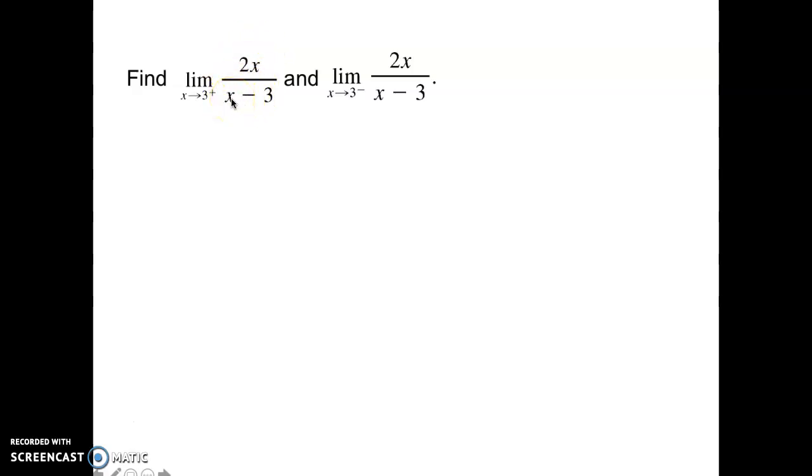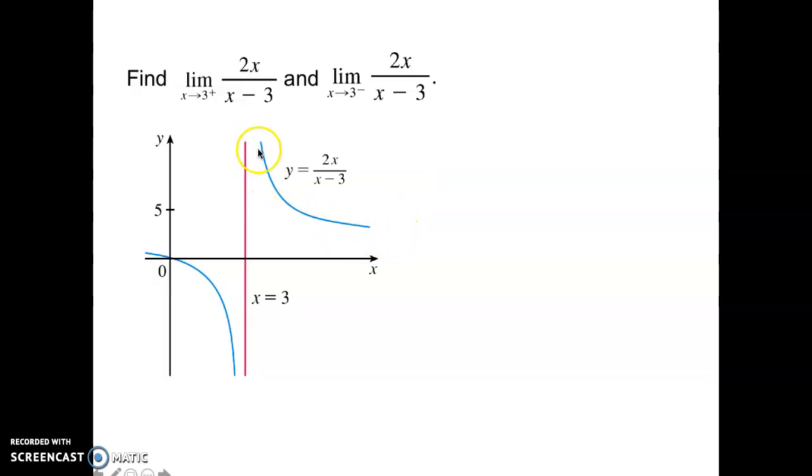If I said 3.5, the numerator would be positive, the denominator would be positive. If I said 3.1, the numerator would be positive, the denominator would be positive. So notice I'm getting a positive over a positive, and therefore as I'm approaching 3 from the positive side, notice my curve is tending toward positive infinity.